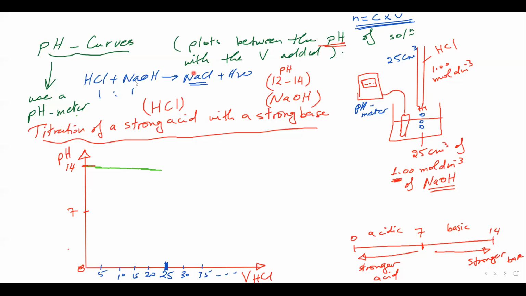But the rest of the solution is still sodium hydroxide, so the pH is nearly 14, but it decreases because by adding more and more HCl, the solution volume increases, which means the concentration of sodium hydroxide decreases. And when the concentration decreases, the pH also decreases. Do you understand till here, or do you have any question? Please, if you have any question, ask.